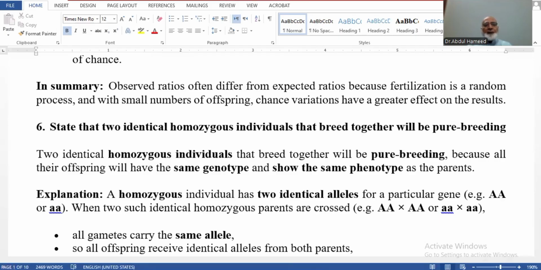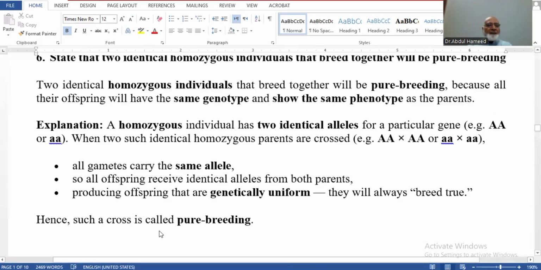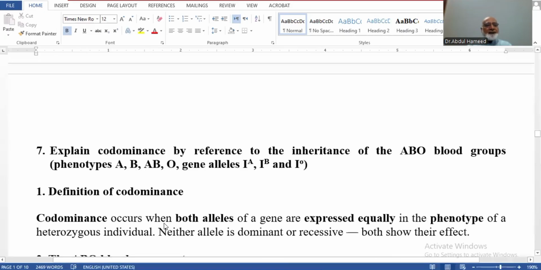When two identical homozygous parents are crossed, capital A into capital A, or small a into small a, all gametes carry the same allele, so all offspring receive identical alleles from both parents, producing offspring that are genetically uniform. They will always breed true. Hence such a cross is called a pure breeding cross if the individuals are homozygous.